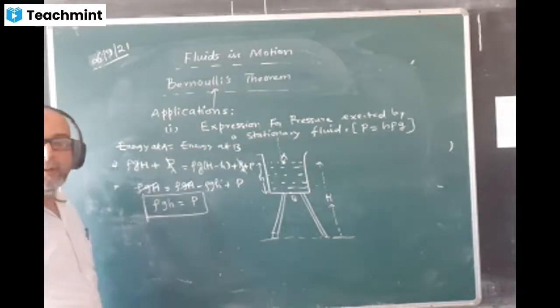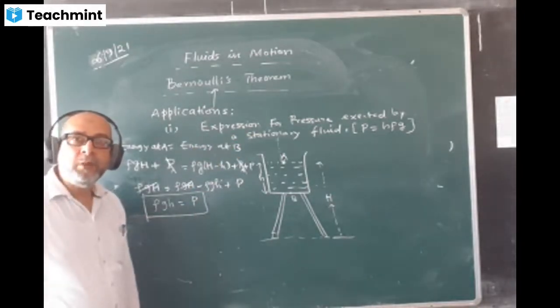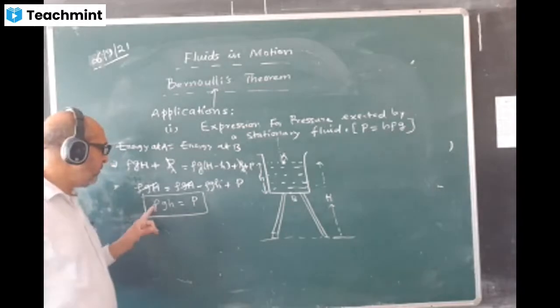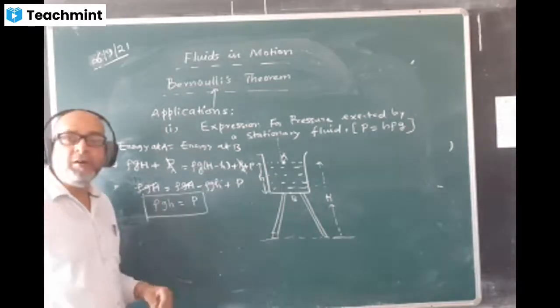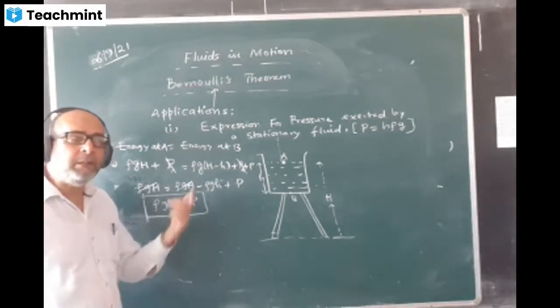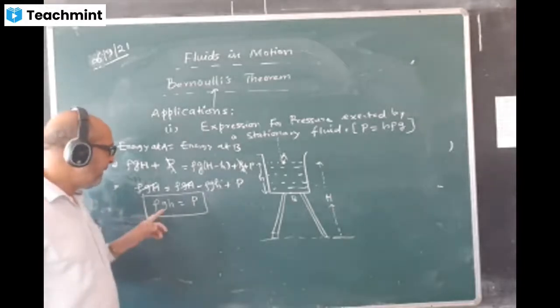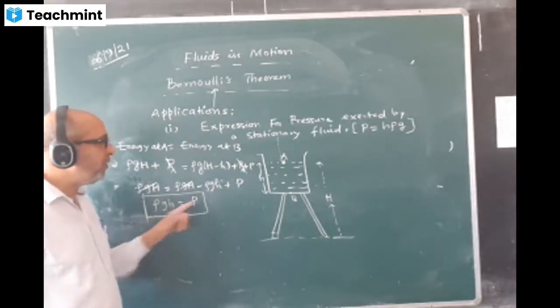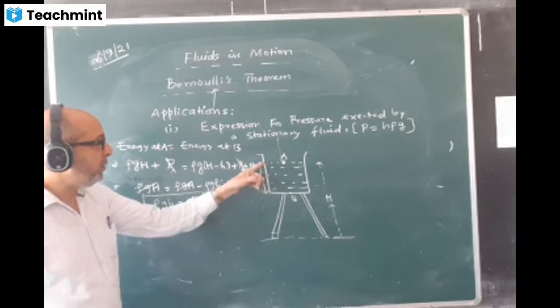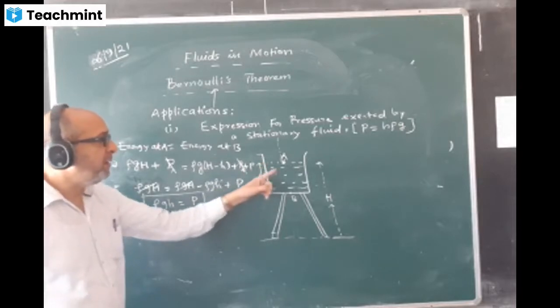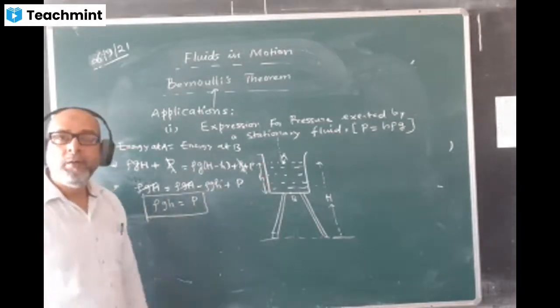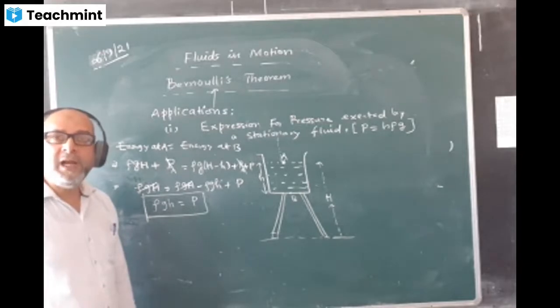That's what we got. Now in this expression, what is rho? Density of the liquid or density of the fluid. It is applicable for fluid also. g is acceleration due to gravity, and what is h? Small h, you can see in the diagram. Small h is the height of the liquid column.